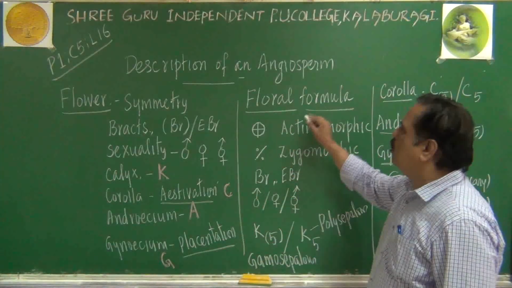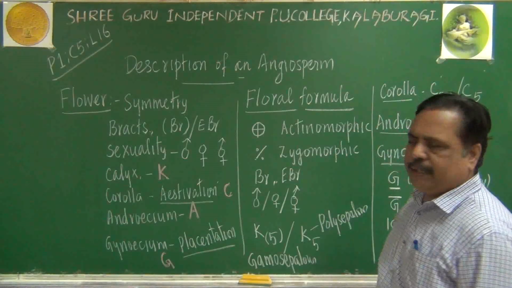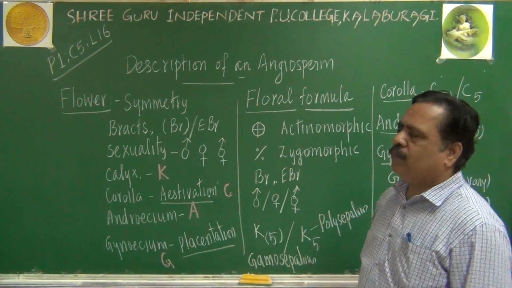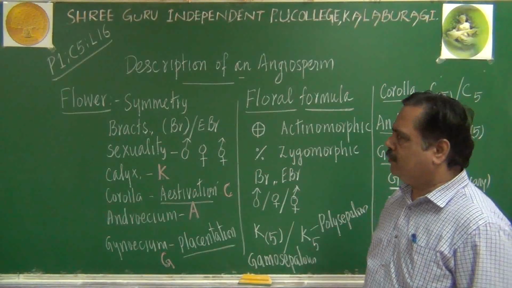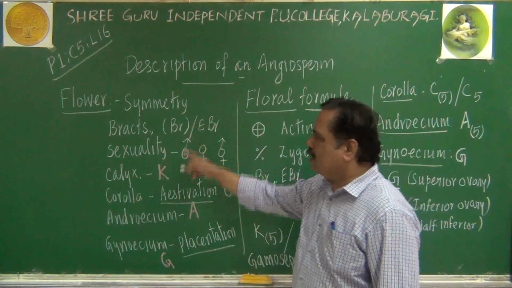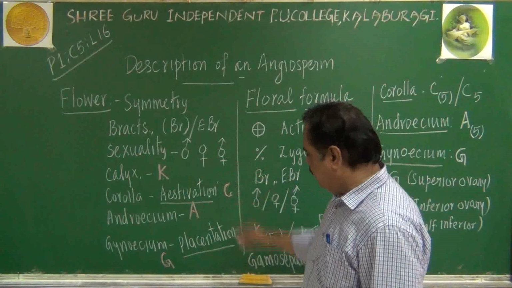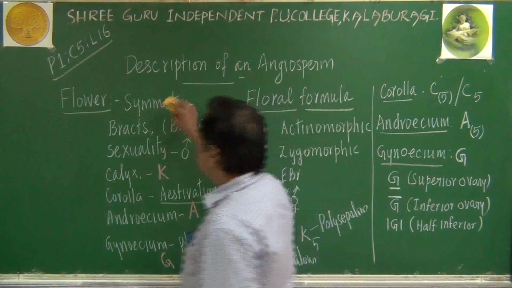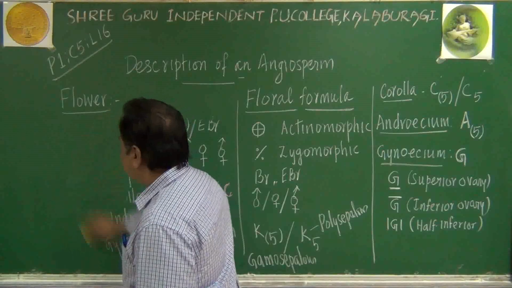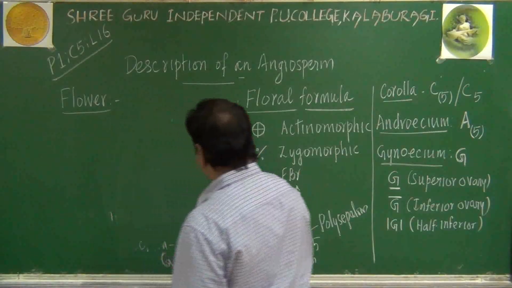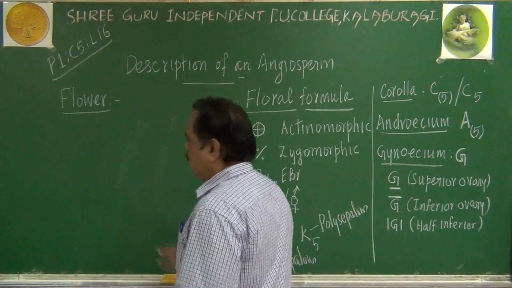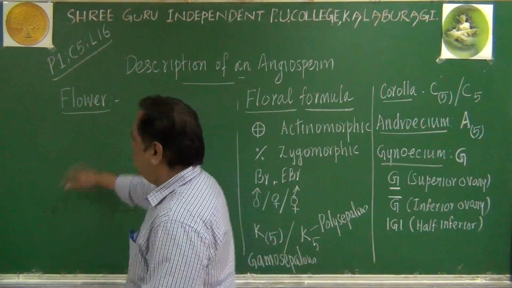This is called floral formula I am writing. Imagine now, I will give you one example for a floral formula. There will be all the symbols we can use. Let me rub this part and I will give you one example. Suppose I describe a flower with this floral formula.